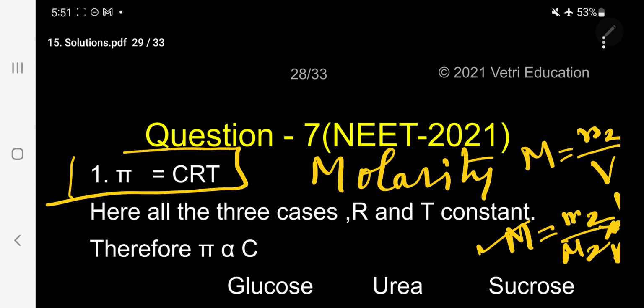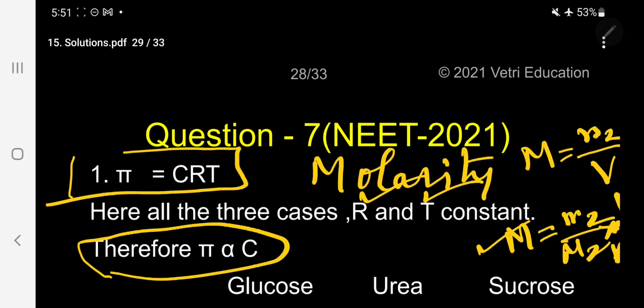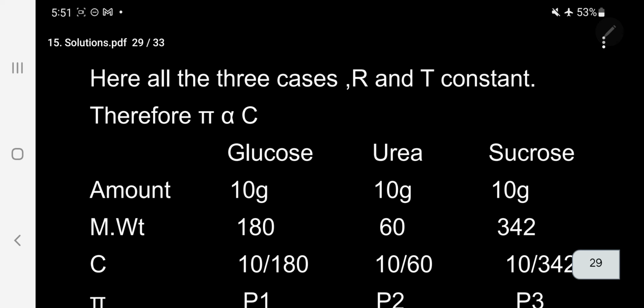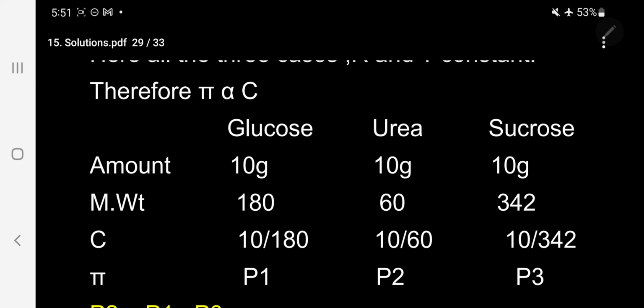Kindly follow. In all other three cases, R and T are constant. Therefore, pi is directly proportional to C. That means osmotic pressure is directly proportional to the concentration of the solution. The three solutions are glucose, urea and sucrose.